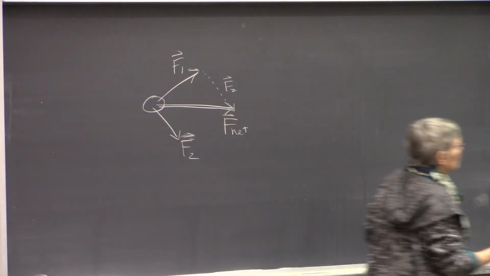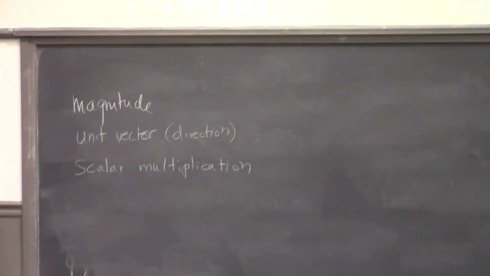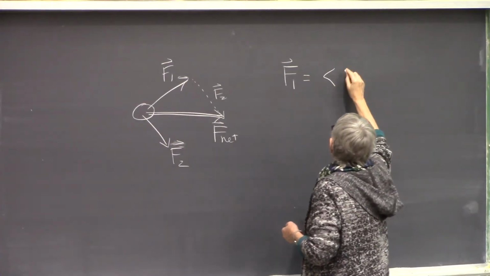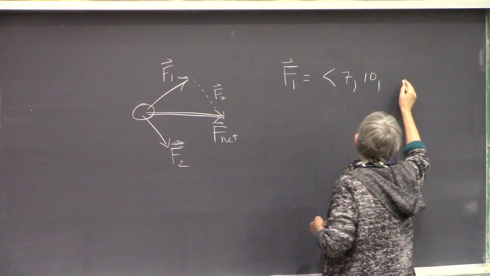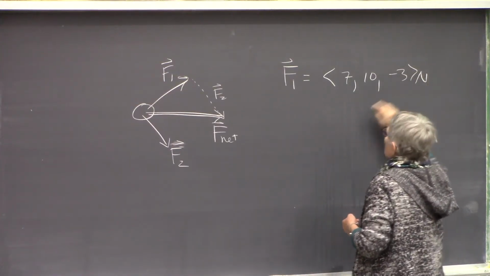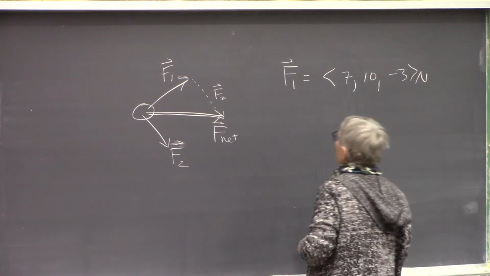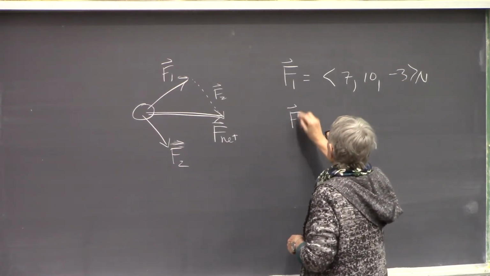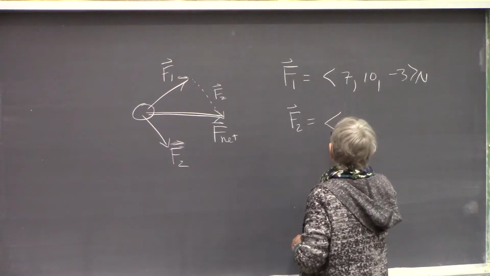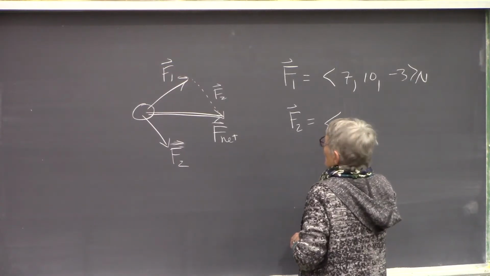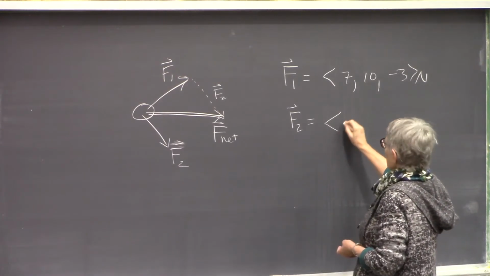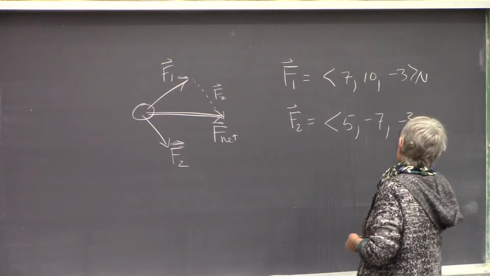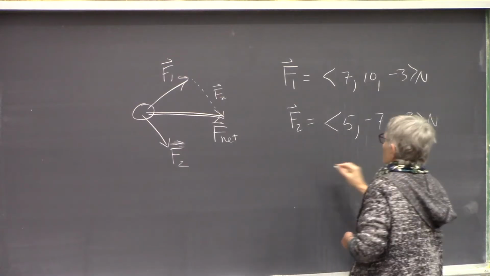So vector addition, how do we add vectors algebraically? Well, if F1 is 7, 10, minus 3 newtons, and F2, which obviously has the same z component, so it's got, I don't know, 5, negative 7, minus 3 newtons.